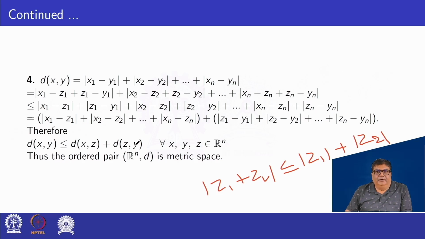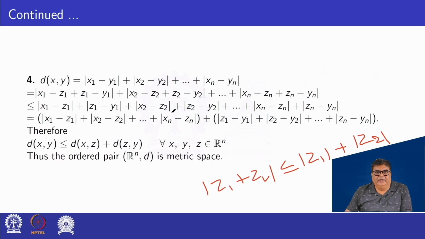Okay. So suppose modulus of x1 minus z1 plus modulus of x2 minus z2 plus modulus of xn minus zn plus again modulus of z1 minus y1 plus modulus of z2 minus y2 plus and so on modulus of zn minus yn. Okay. So this can be written as dxz.